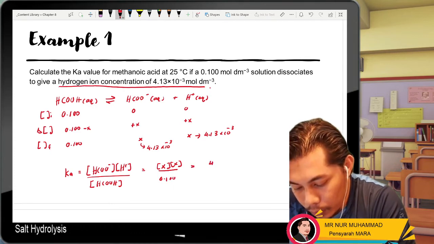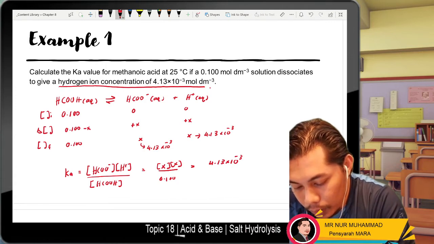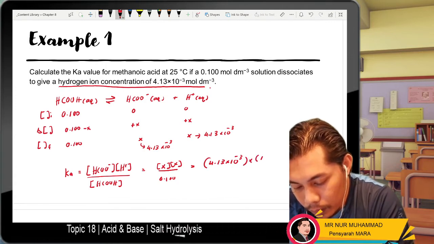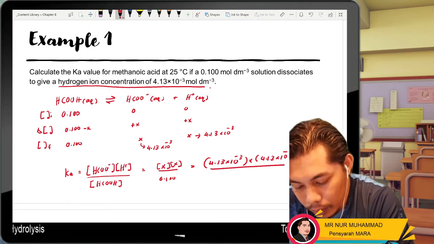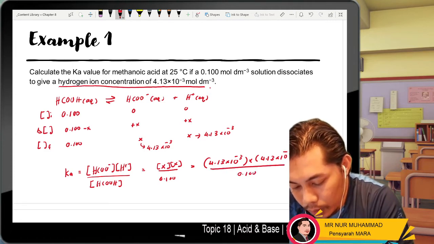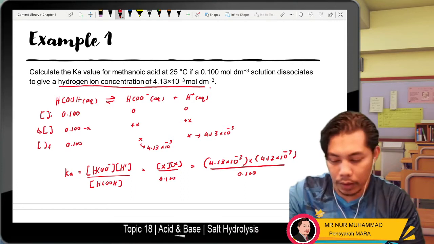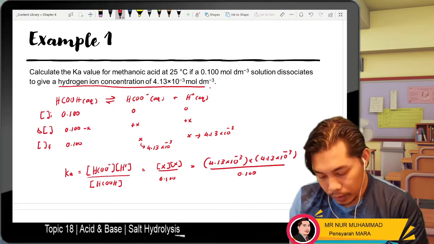Just insert the value: 4.13 times 10 negative 3 times 4.13 times 10 negative 3, divided by 0.100. Then just use your calculator.